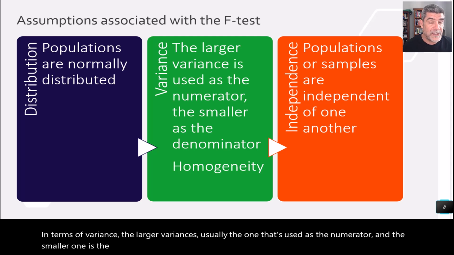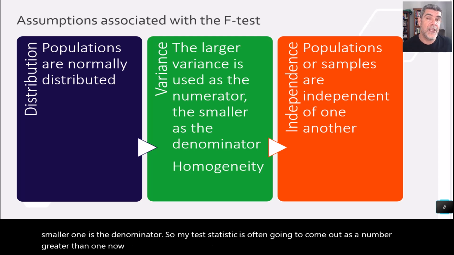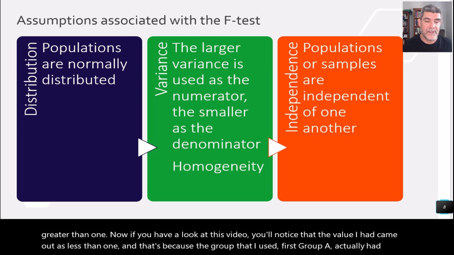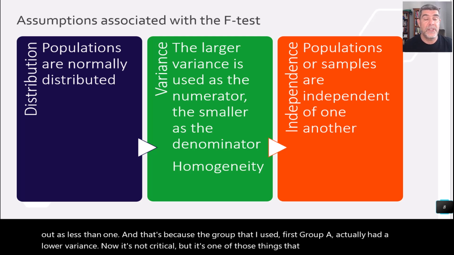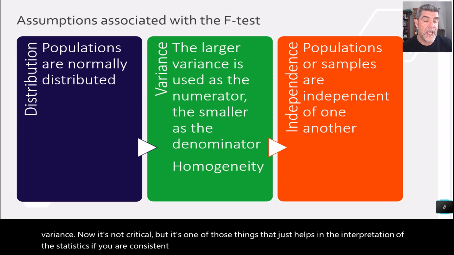So my test statistic is often going to come out as a number greater than 1. Now, if you have a look at this video, you'll notice that the value I had came out as less than 1, and that's because the group that I used first, Group A, actually had a lower variance. Now, it's not critical, but it's one of those things that just helps in the interpretation of the statistics if you are consistent in the way that you do your calculations.